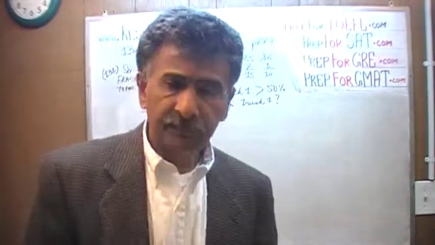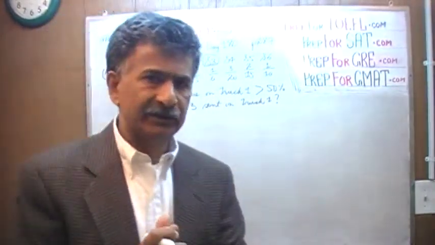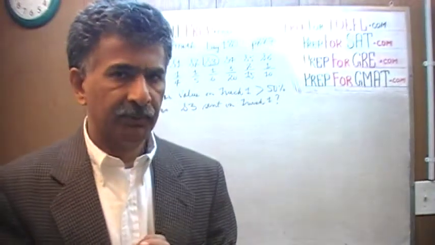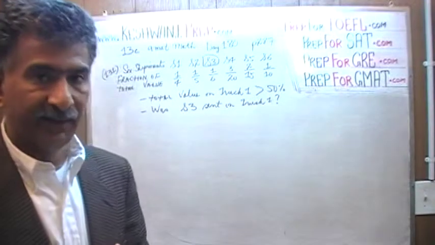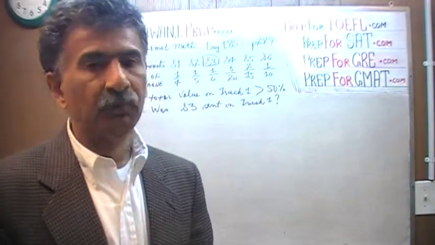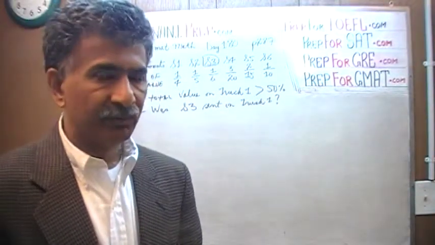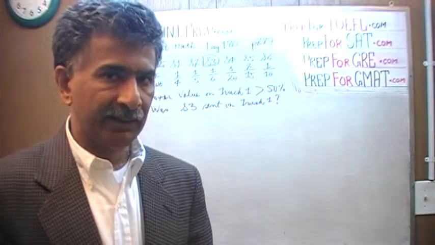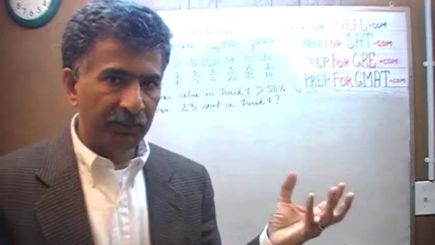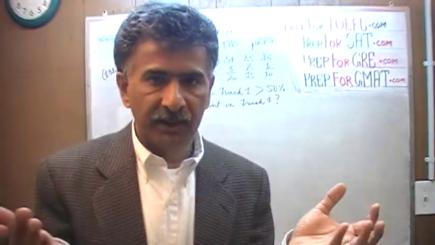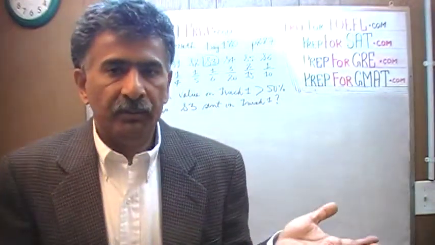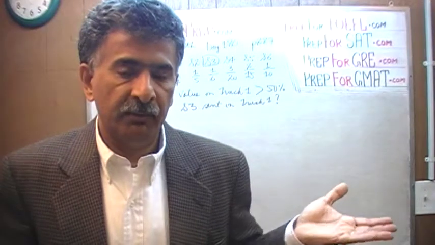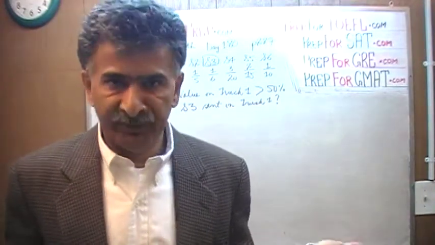The simplest and easiest way to tackle this problem is dealing with these fractions, because these are very annoying fractions, and if you start adding and subtracting them, it'll be too much. The easiest way is to find a common denominator. Once we have it, we don't have to look at the denominator, we can just concentrate on the numerator, because the denominator is the same for all of them, so it plays no role.